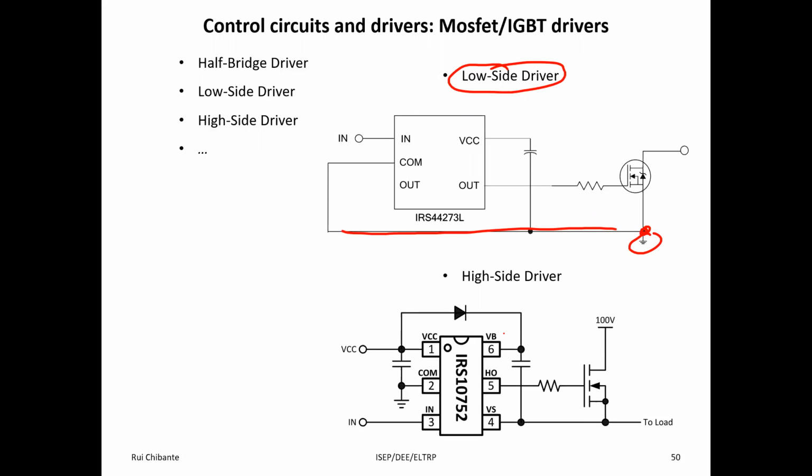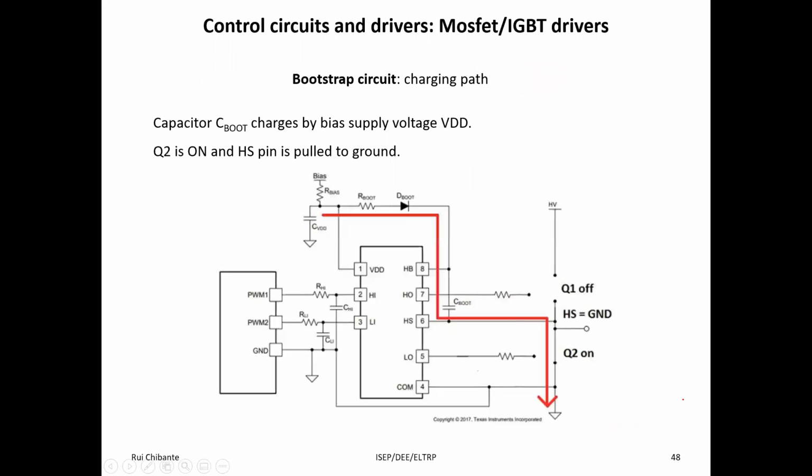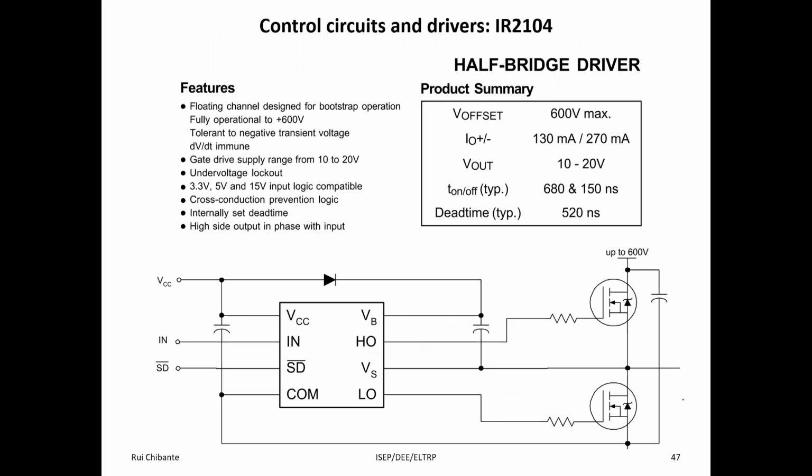We have high side drivers, where the 0 of the control part is here, but the source of my transistor is not at the ground. Okay, ground is not here. And an equivalent situation is where we have both situations in a scheme like this, that is very usual. We have two transistors connected this way.